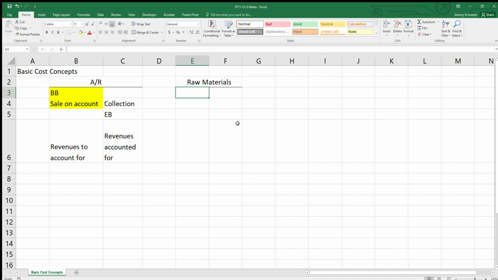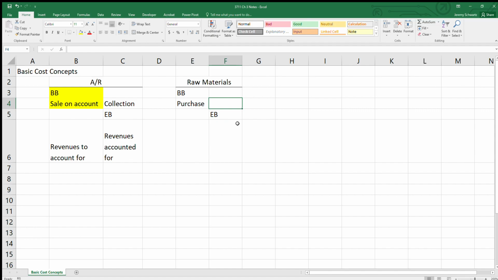So following the accounts receivable example, we'd have our beginning balance. And then any increase in raw materials would be known as a purchase of raw materials. So if you're given information about purchases throughout an accounting period, that's going to be the debit or increase in the raw materials account. Of course, we have the companion ending balance here as we had for the accounts receivable example.